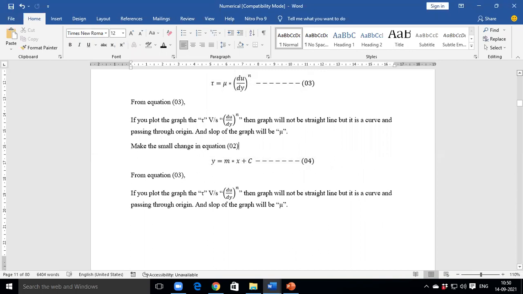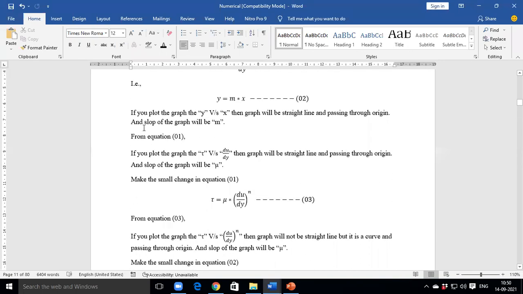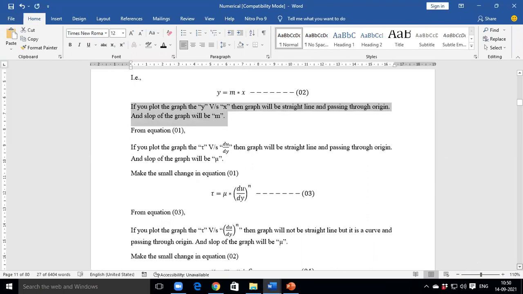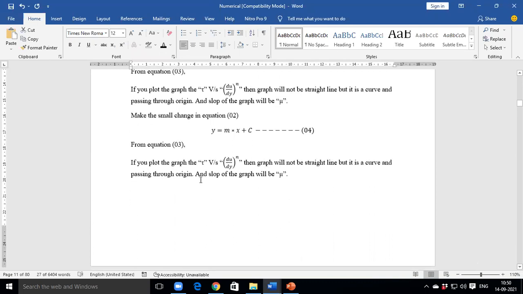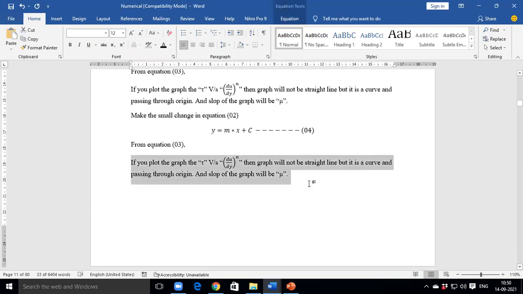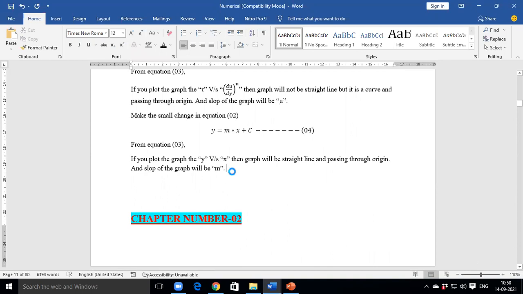And if we plot the graph, we already studied this part in 12th standard. It may be in the math subject or in a different subject.